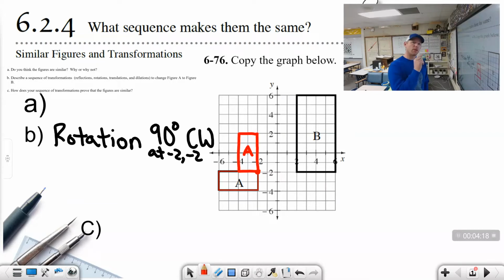Now, the question is, I know that I need to get A to B and get it dilated, but we need to remember something about when we dilate. Not only do the sides get larger, but the distance from 0 also increases. So you have two choices.